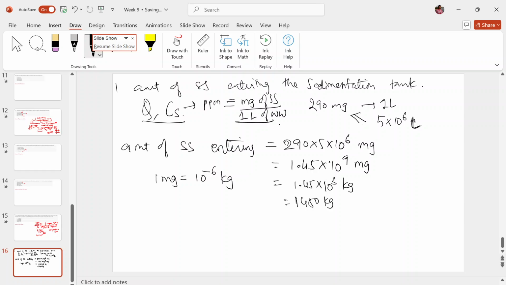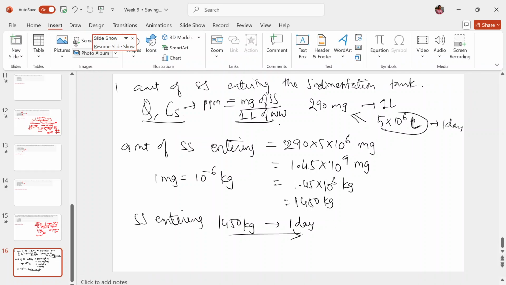This much suspended solids enter. Since we are taking the volume of wastewater entering in 1 day, 1450 kg suspended solid enters in 1 day.